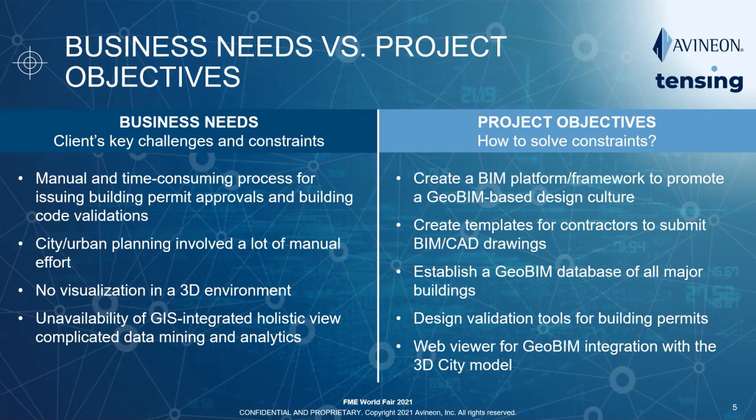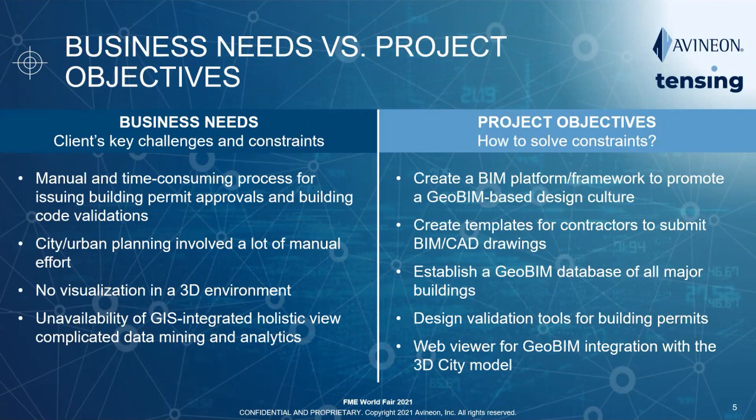For this, Avineon converted 15,000 buildings into 3D architectural BIM model, the LOD 300 level, design, development, and we also converted one building into LOD 500, which is as-built level. All of this leveraging FME.